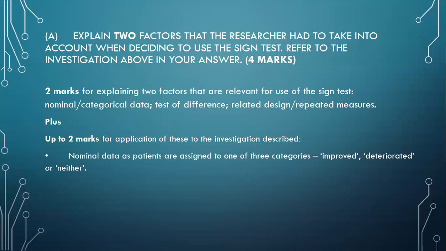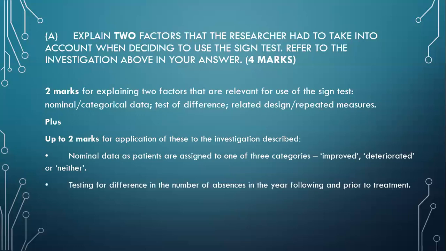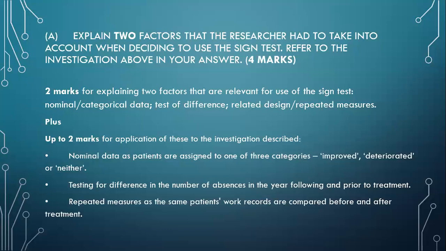Actually, it's in the stem. If you did test for a difference in the number of absences in the year following and prior to the treatment, so before and after the treatment, we're showing where we're looking for the difference. And repeated measures as the same patients' work records are compared before and after the treatment.